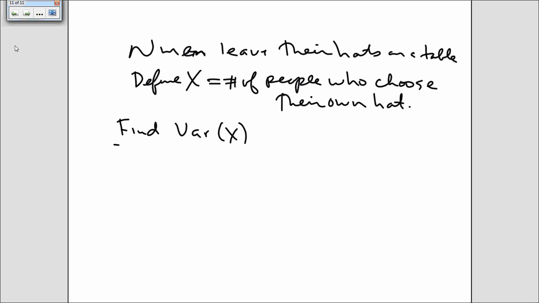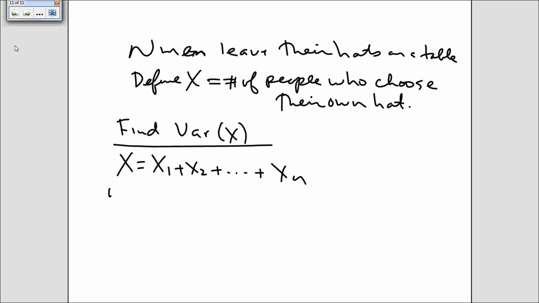Well, here's the solution. X is equal to X1 plus X2, etc., up to XN, where Xi is either 1 or 0.